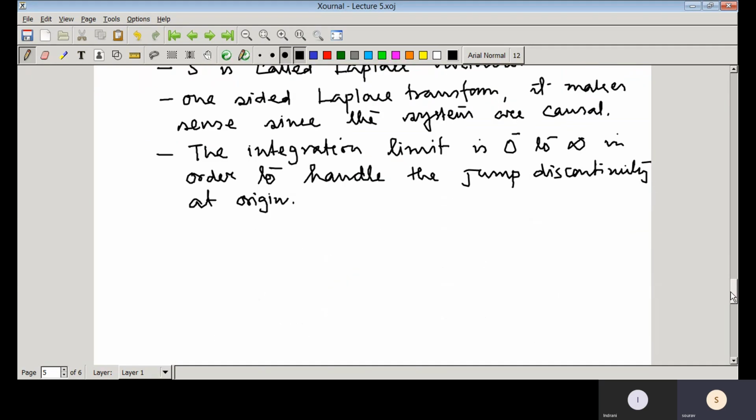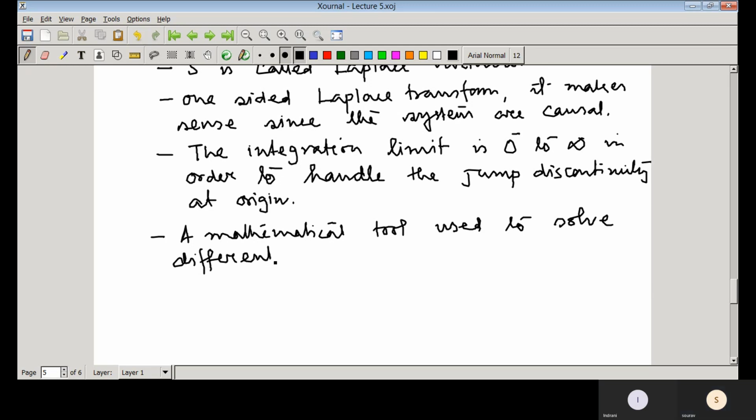This is a mathematical tool used to solve differential equations, and these are linear ordinary differential equations.